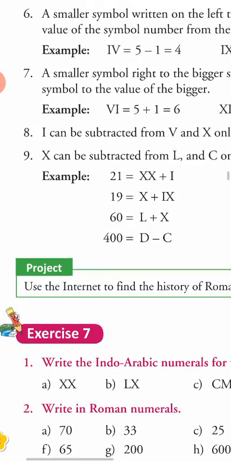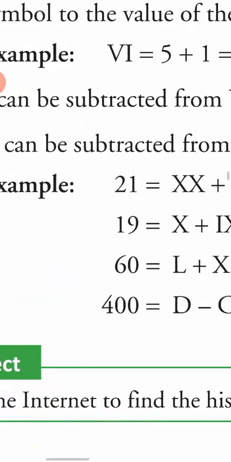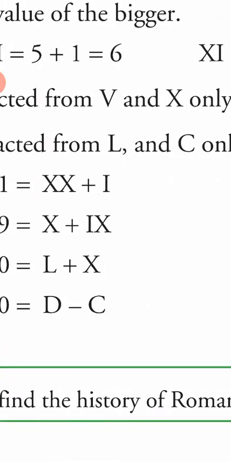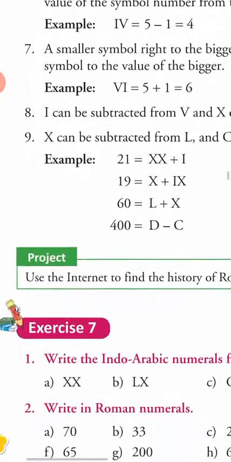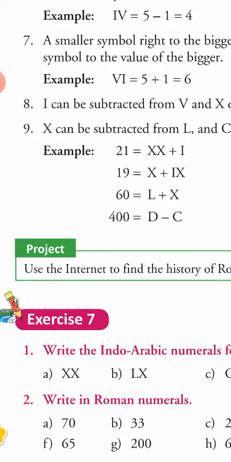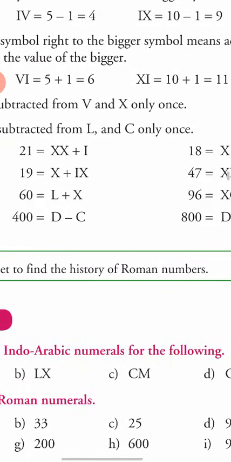And the last rule is X can be subtracted from L and C only once. Here in this rule it is written that X can be subtracted from L and C only once.